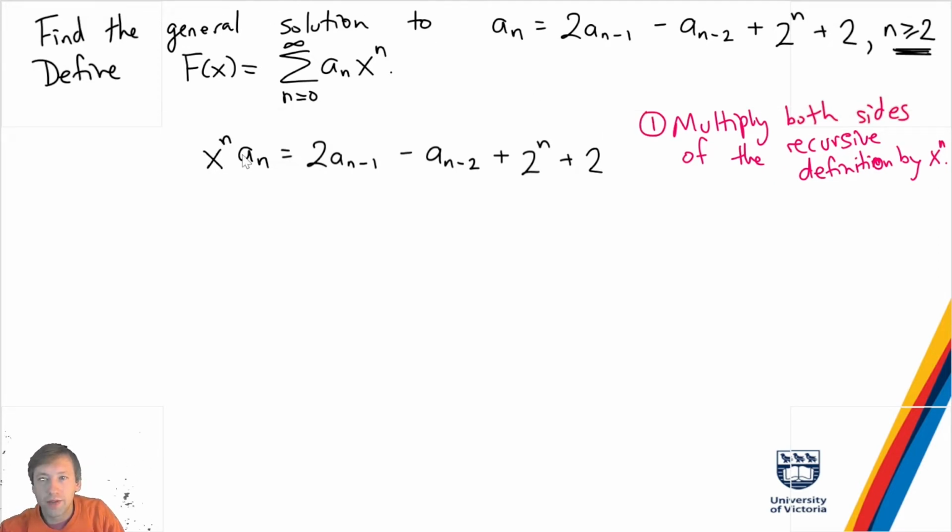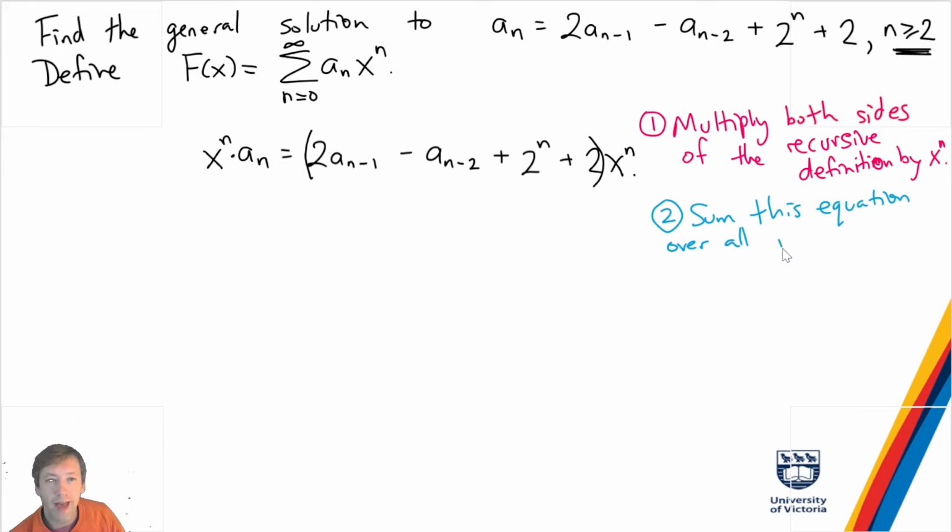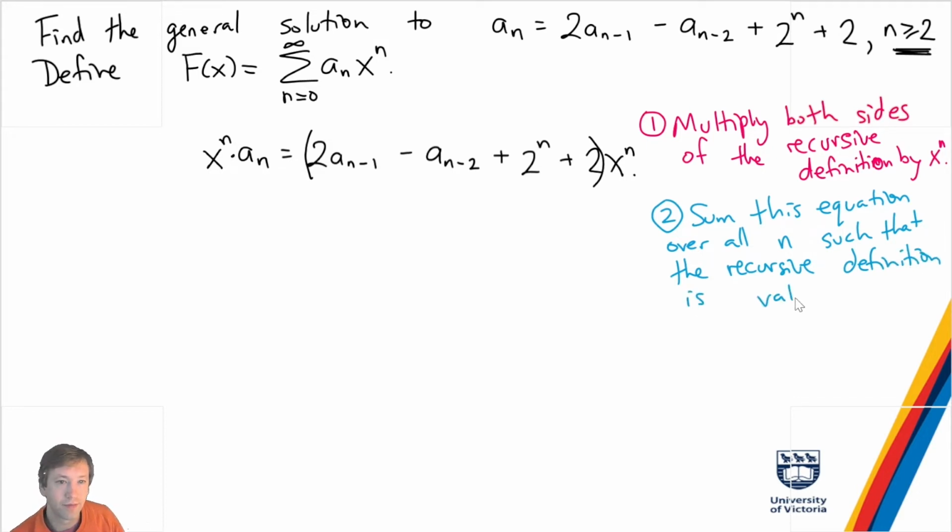Then we sum this equation over all values of n such that the recursive definition is valid. Here we defined a_n this way for all n at least 2, so I want to sum it over all the values of n at least 2.